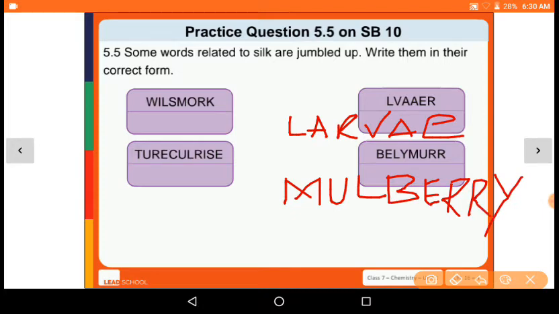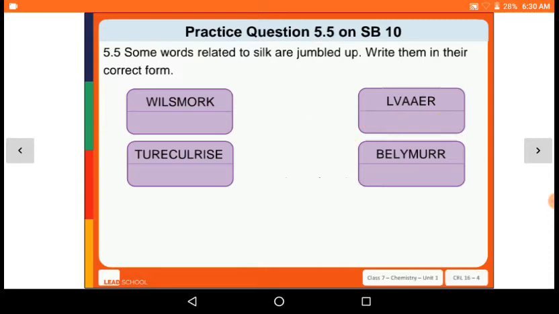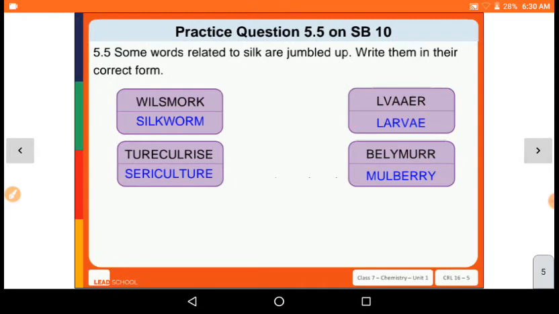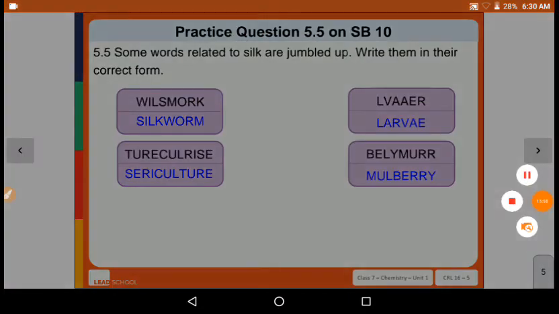So the answers are silkworm, sericulture, larvae, and mulberry.